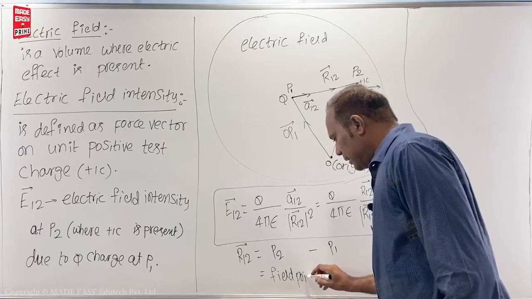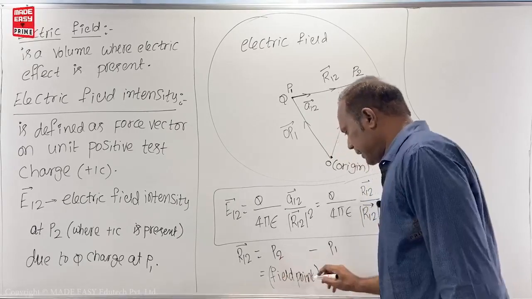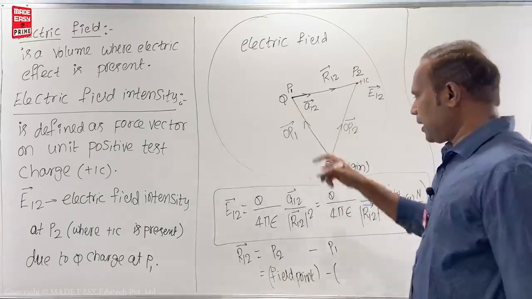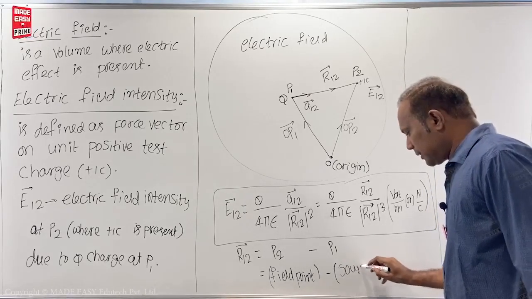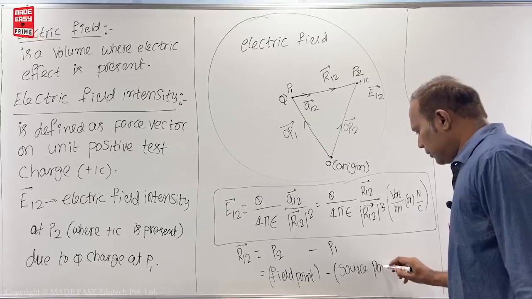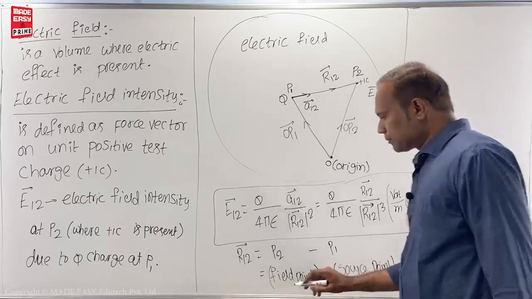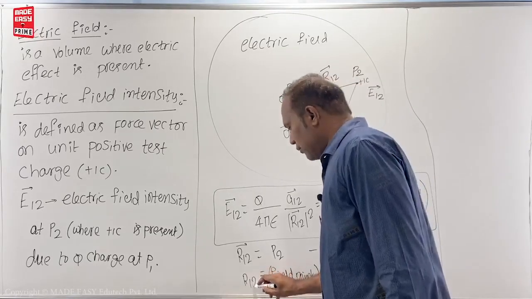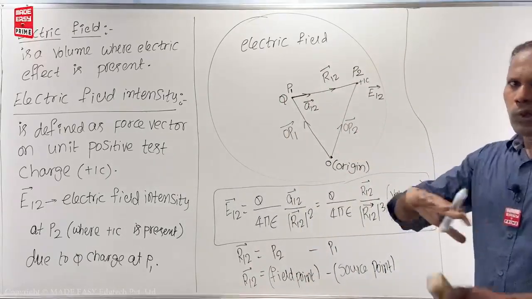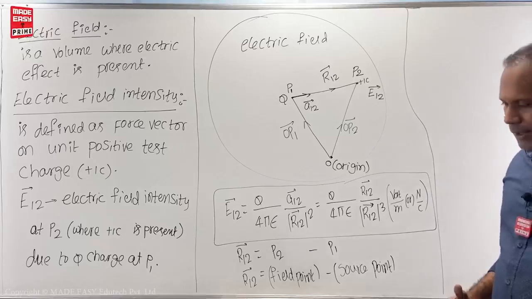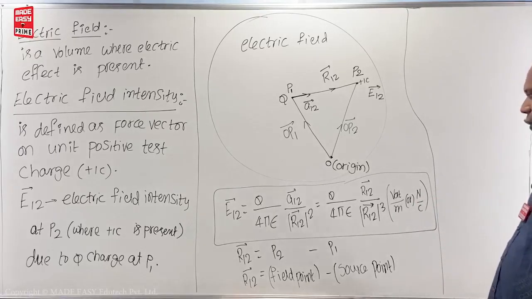That means the point where we find the electric field intensity. Minus 0.1 is the source point, the charge source point. So in the question, wherever you want electric field intensity, from that location you have to subtract the other location. So this is R12 bar.